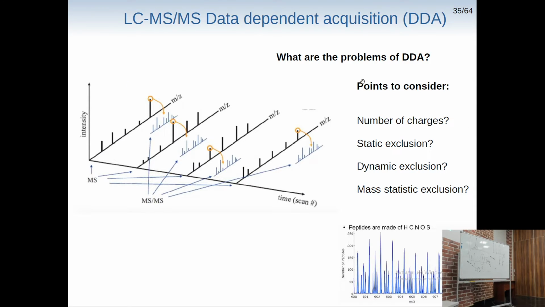So, for our data-dependent acquisition, I've already described that we have some rules to select just one precursor ion and get its fragmentation. I've also described that since we have only some elements, there is an idea that we can exclude some areas of our spectra from fragmentation.